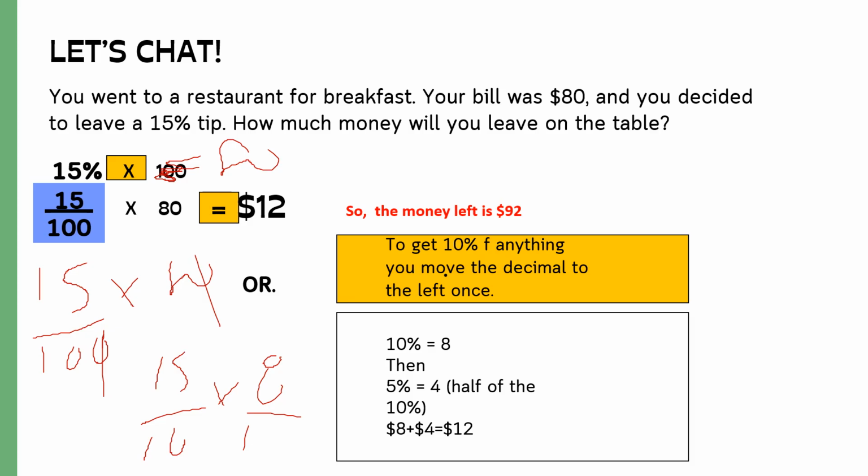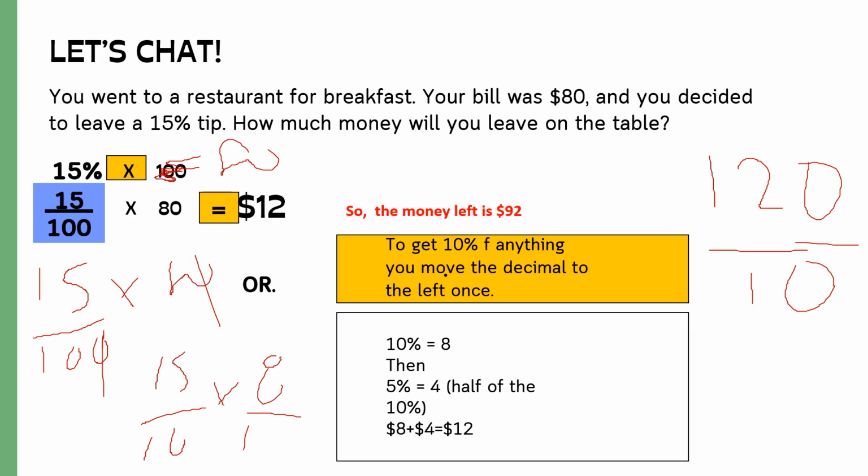I don't have enough space. All right. So this is 15 times 8 is 120 over 10. Right? Now when you're dividing by tens, hundreds, whatever, you can just move your decimal place to the left.